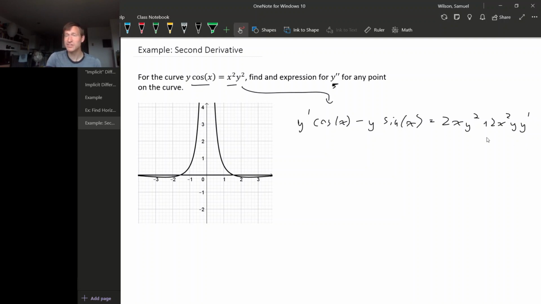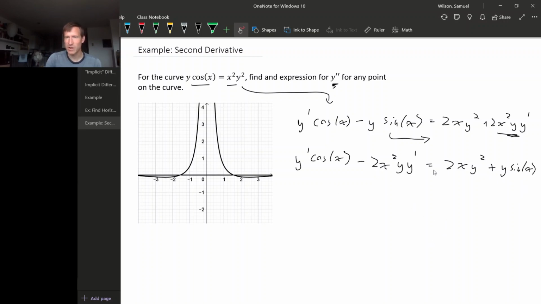Now we can rearrange this to get y prime. So y prime cosine x, I'm going to move this term with y prime to the left, so minus 2x squared y prime. Move this term without a y prime to the right, 2xy squared plus y sine x.